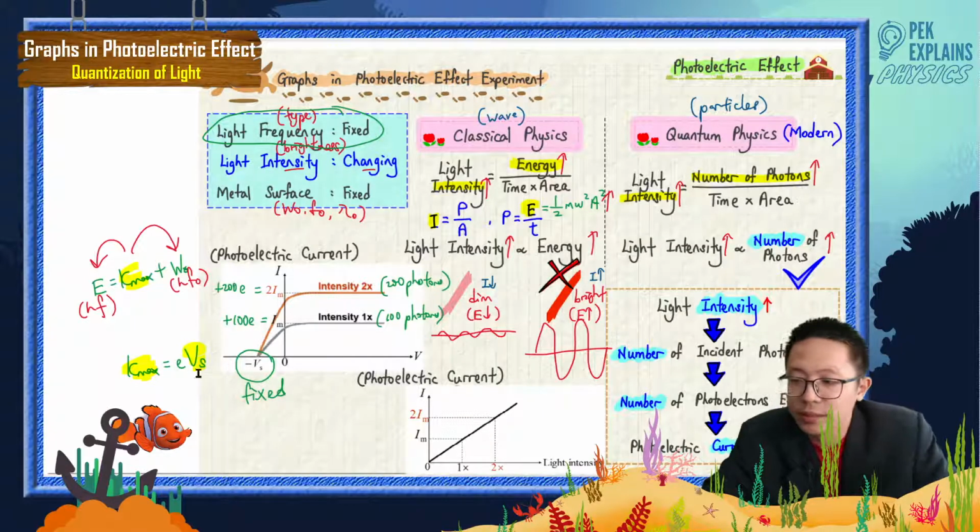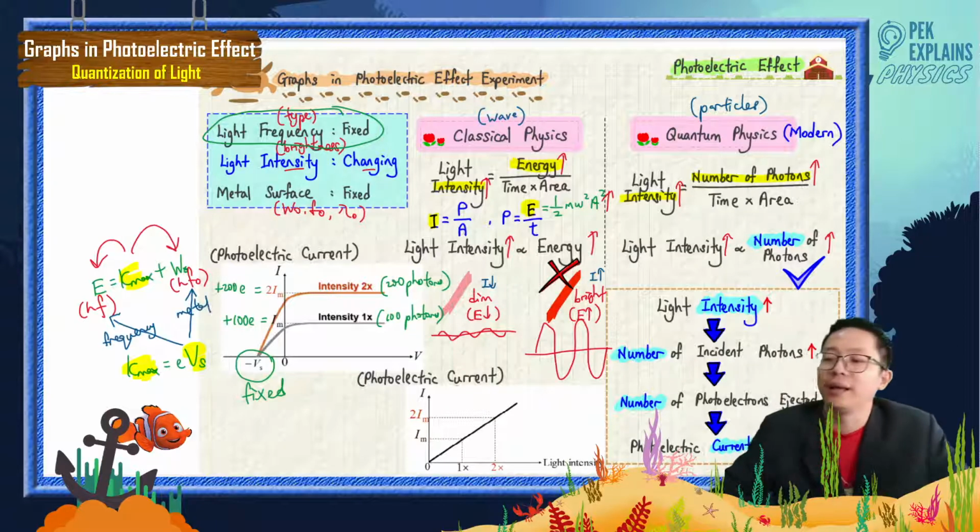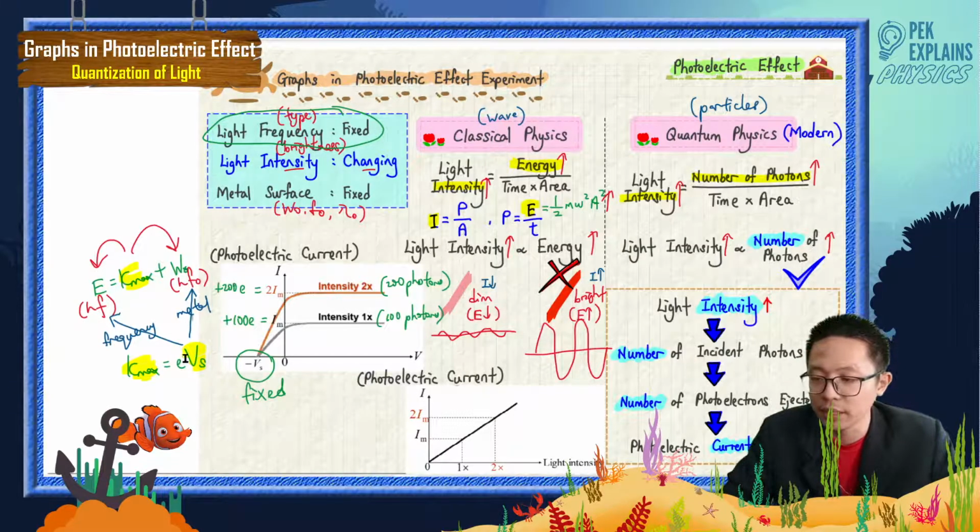So stopping potential only depends on frequency and the type of metal used. It does not depend on intensity, so the stopping potential stays equal.